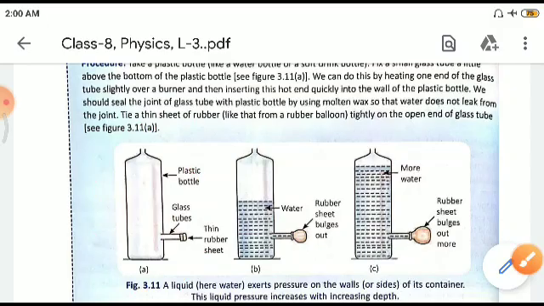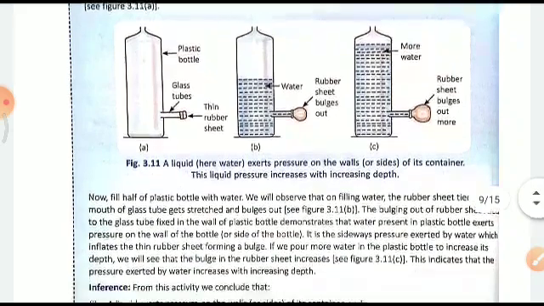Now take a thin sheet of rubber and put it on the other end. Now we fill half the plastic bottle with water. We will observe that the rubber sheet tied at the mouth of the glass tube bulges out.